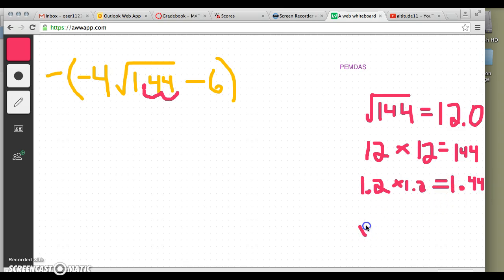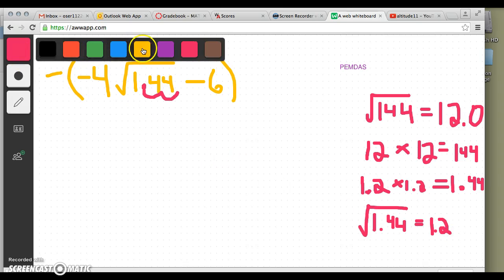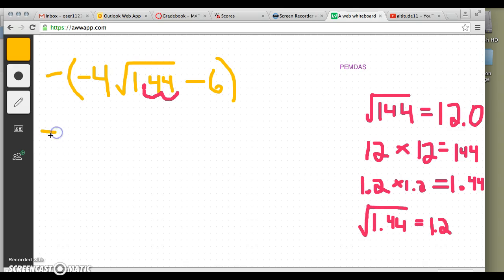In other words, the square root of 1.44 is, excuse me, 1.2. I was too used to repeating those numbers there.